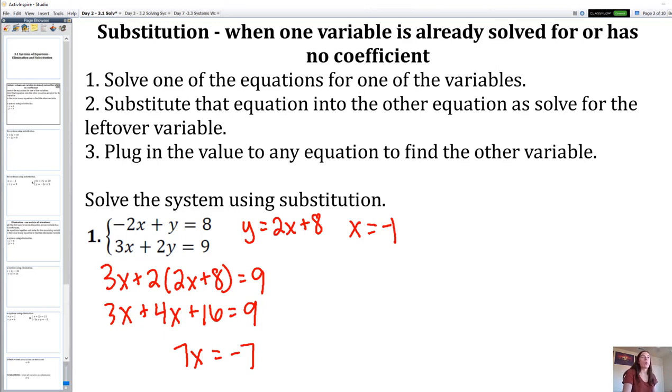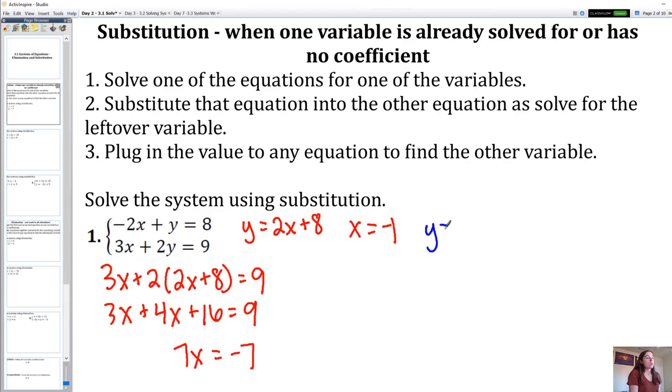So now we just need to figure out the y value, and in order to do that, we're going to plug this x value back into either equation, does not matter which one, and figure out what the y value is. I'm going to use the top one for no reason, just because I can. We can use the original form or the form that we had changed around. Again, doesn't matter. I'm going to use the form we changed around because y is already by itself.